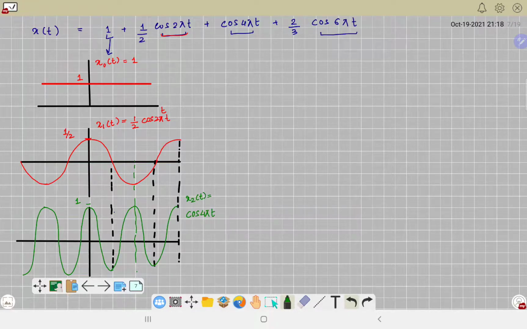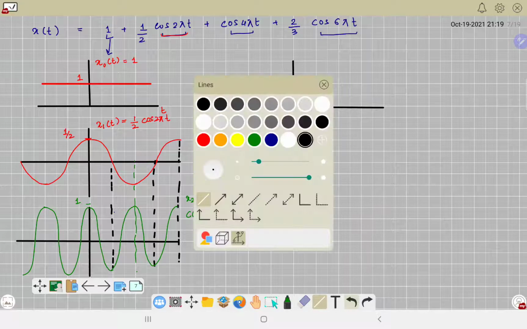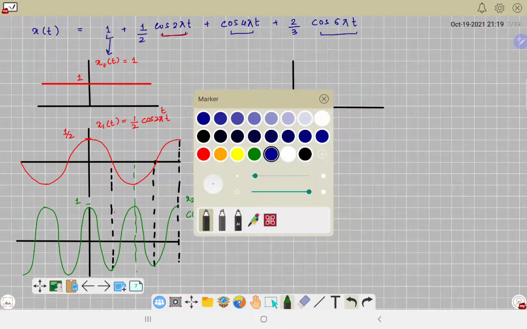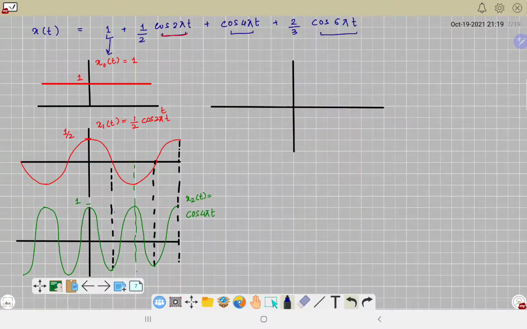Fine. Similarly, you will have the third component 2 by 3 cos 6 pi t, which will have a higher frequency. This amplitude will be 2 by 3, which means slightly less than 1, and it will have a higher frequency.